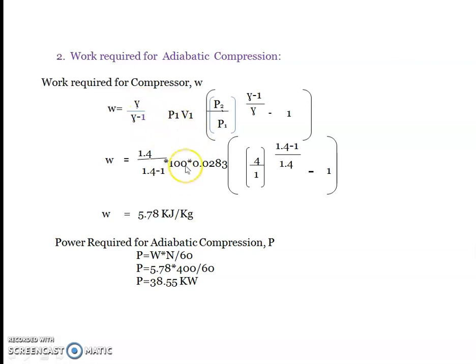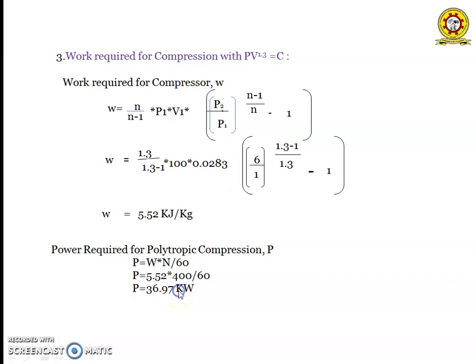P1 as 100 and V1 as 0.0283 and P2 in terms of bars as 5 bar and P1 as 1 bar. Substituting these values, we will get work as 5.78 kilojoules per kg. So power required for an adiabatic compressor P = W × N/60. So by substituting W and N as 400 RPM, we will get power as 38.55 kilowatts.